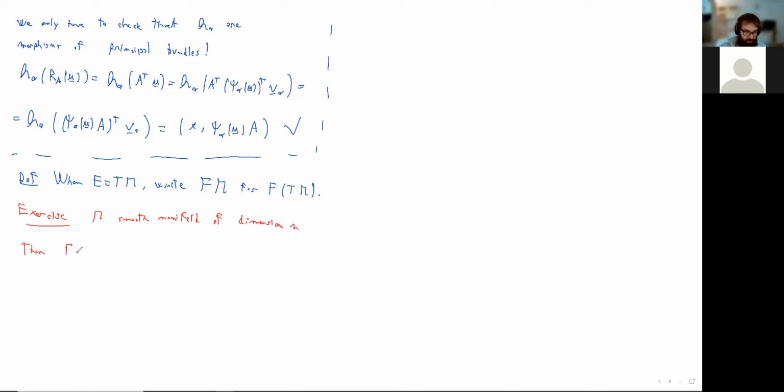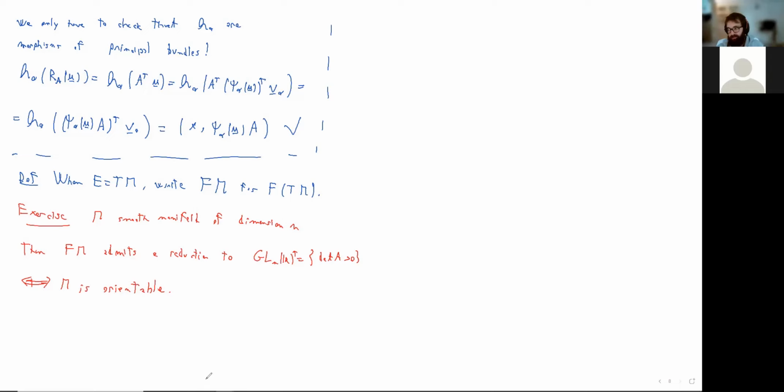Then FM admits a reduction to GLn plus, the set of matrices in GLn that have a positive determinant, if and only if M is orientable.